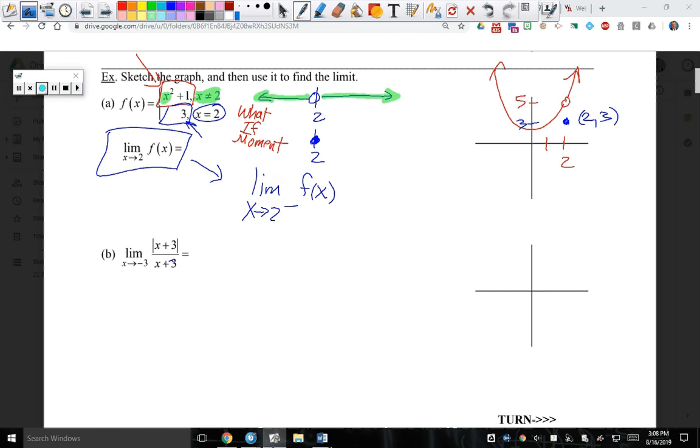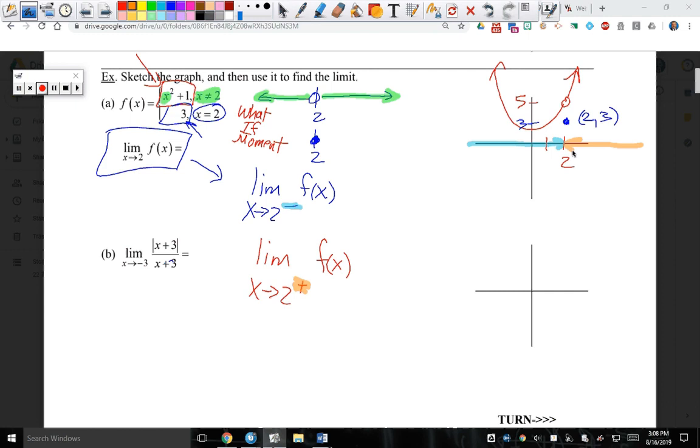Negative 2. That's not negative 2. That's approaching positive 2 from the left. Let me show you with highlight. Okay? Now if I approach positive 2 from the right on the same function, I'm now going to look at approaching from the right.